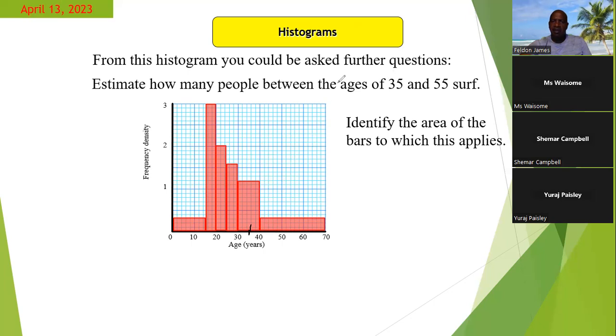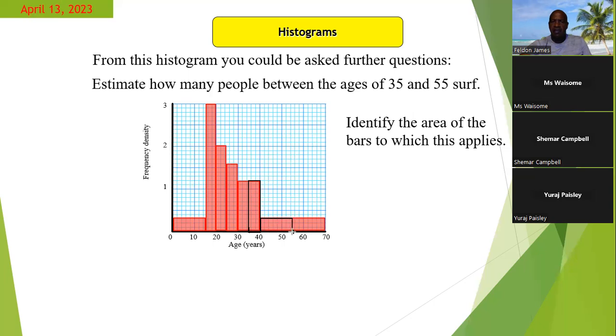So what you need to do in order to find how many people within this region and this region, it means that you now would have to isolate these regions. So you would have that one rectangle there. And then now you find the area of that rectangle.